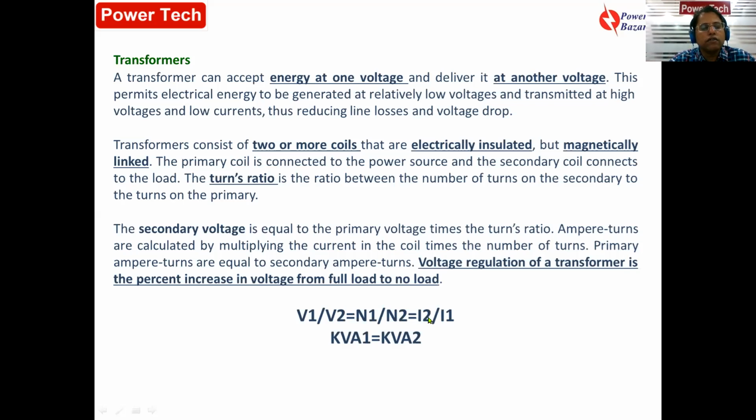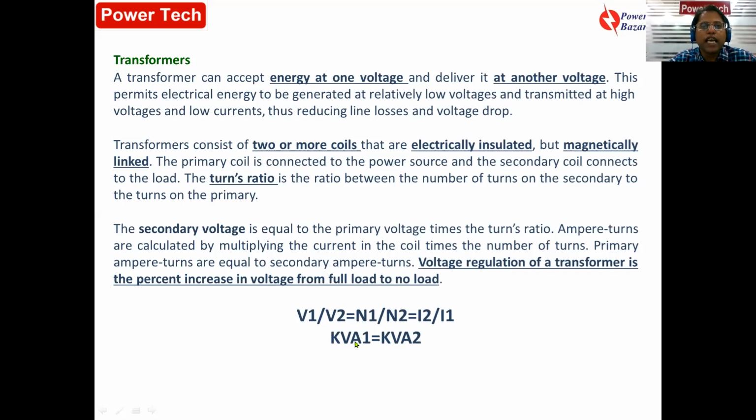But the current on both sides is inversely proportional to the number of turns. So I2 by I1 is equal to N1 by N2. That means in a step down transformer, the voltage on the secondary side will be lower but the current will be higher. But in a step up transformer, the voltage on the secondary side will be higher but the current will be lower.